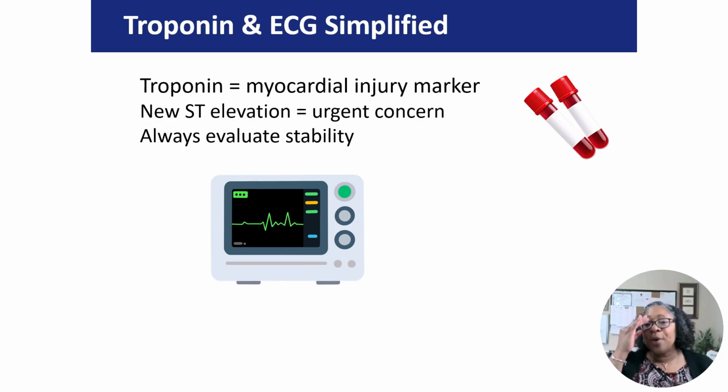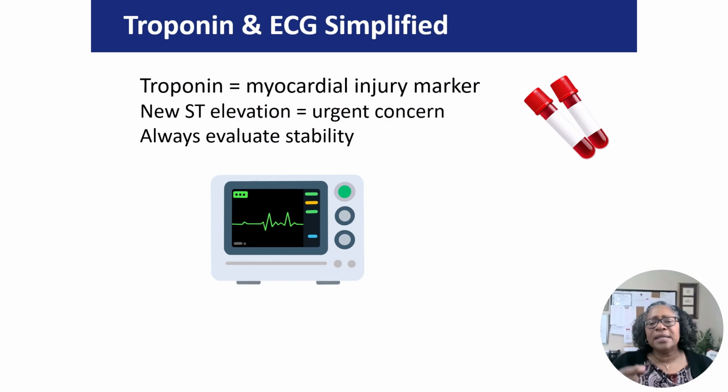Now, when you look at troponin in your ECG, or you may also see it as EKG, troponin indicates myocardial injury. But the NCLEX is rarely asking you, what is troponin? It's really asking, what do you do with this information? The doctor orders the blood test and the troponin numbers come back.